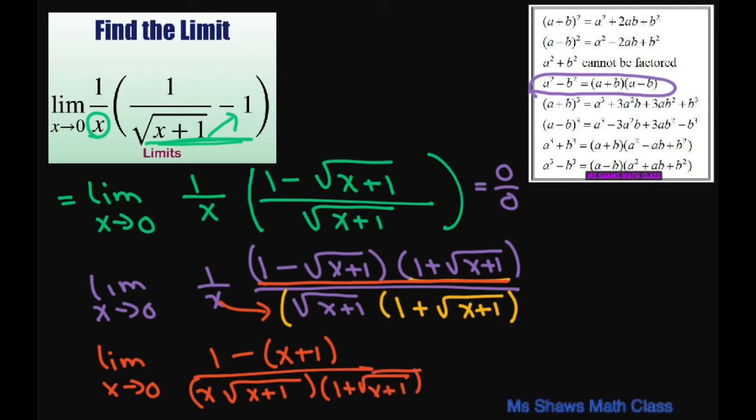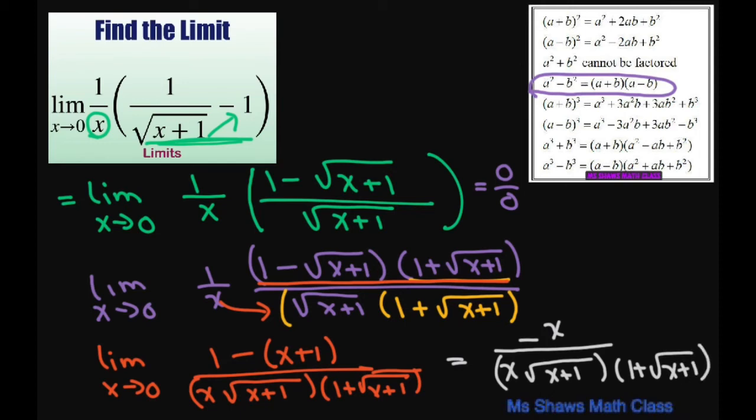All right. Now, what's going to happen in the numerator is the ones are going to cancel. So basically, you're going to have negative x divided by x times the square root of x plus 1 times 1 plus square root of x plus 1. Now, these x's can cancel, and you're left with negative 1.